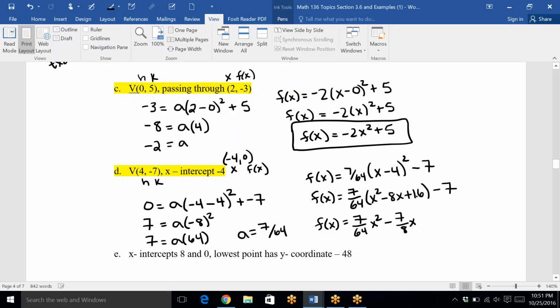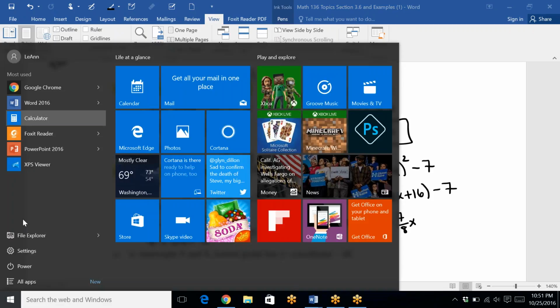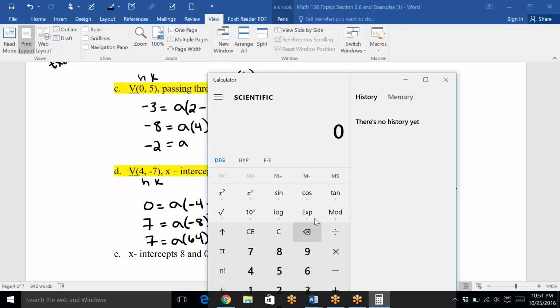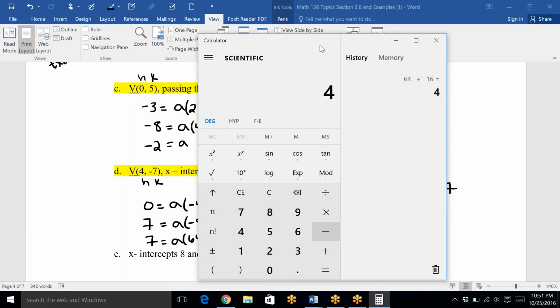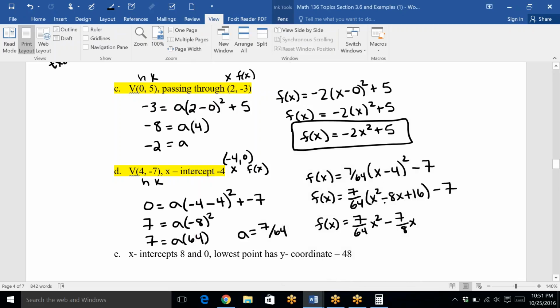And then similarly with 16, 16 goes into 64, doesn't it? 64 divided by 16, is it 4 times? Yes. So 16 and 64 would reduce and leave you with a 4 in the denominator, so it'd be plus 7 over 4. And this also needs to be combined with this.